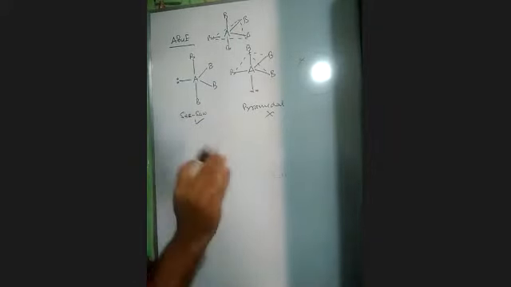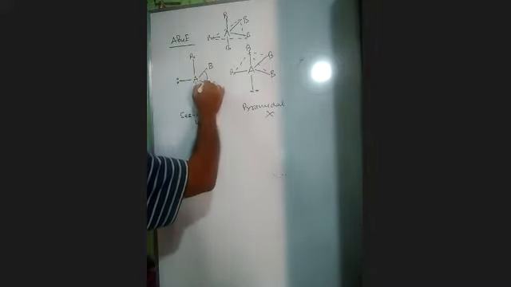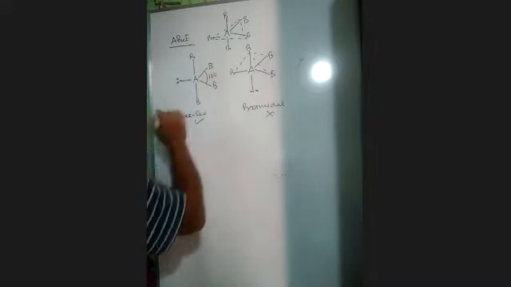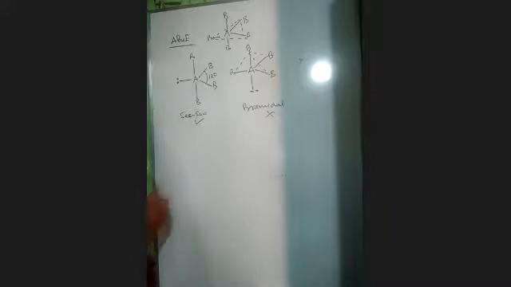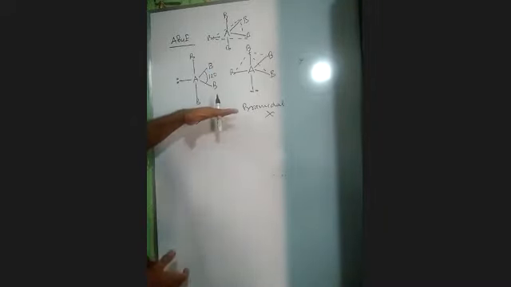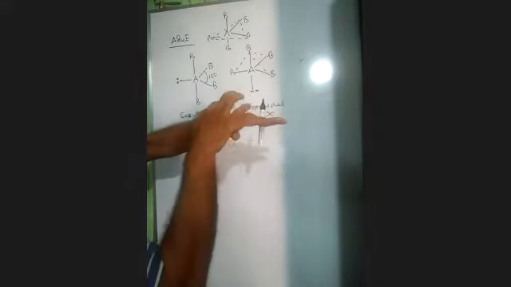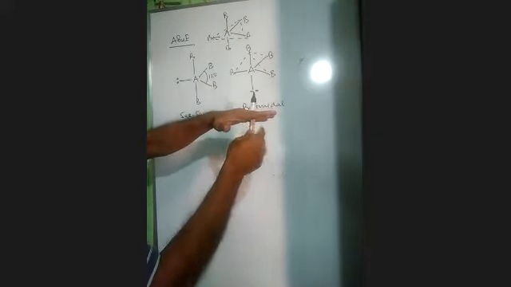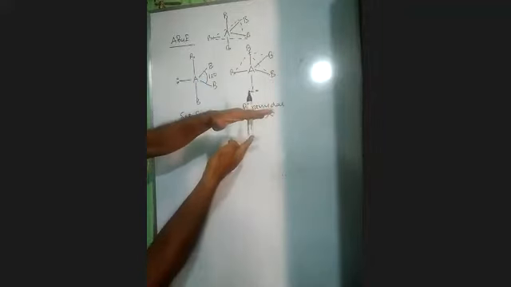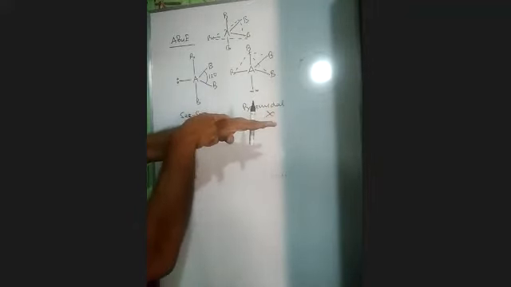See, look here. Let us try to find out their repulsion. See here, what is the bond angle here? 120 degree. What is the bond angle here? See, it is like this. All right. So this is one B, this is another B, this is another B. You have a B here and you have a B here. So I have put the lone pair here.